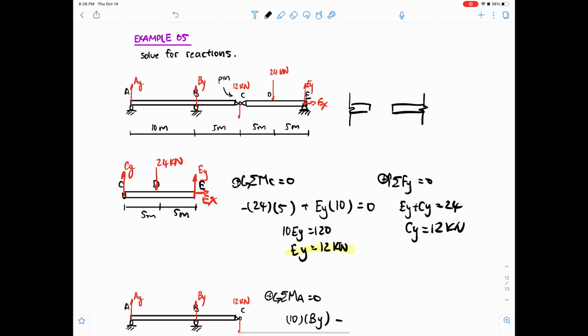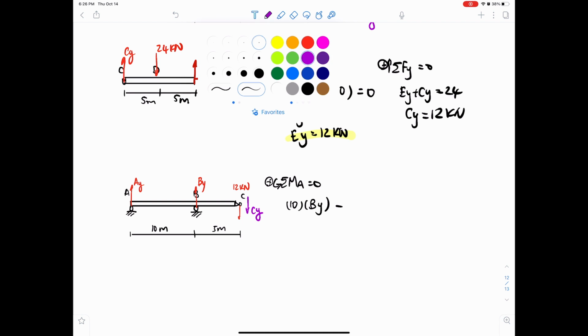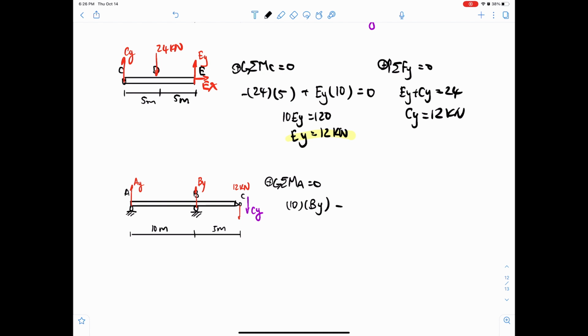All you really need to do is, in this case, we assigned CY to be here, so CY also has to be equal and opposite on the other side. So CY is actually going down this way. Don't forget that, like I did.